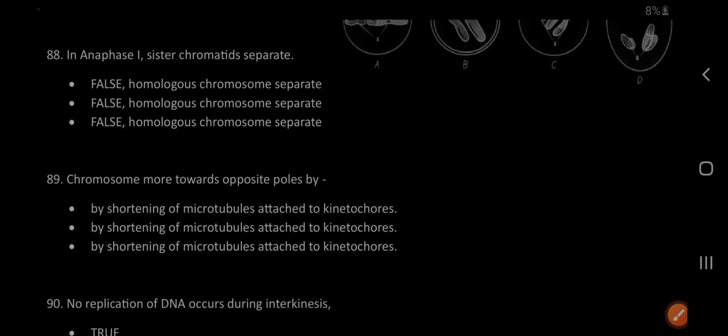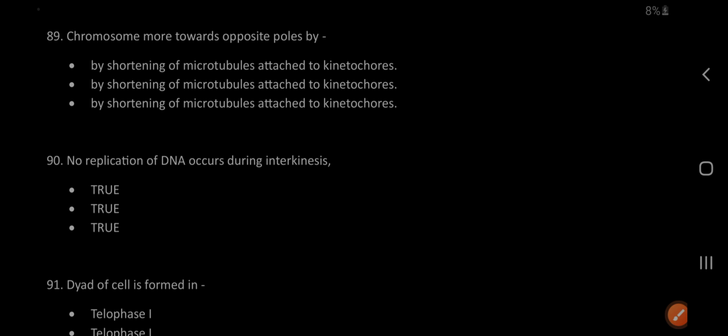Chromosomes move towards opposite poles by shortening of microtubules attached to kinetochores. No replication of DNA occurs during interkinesis. True.